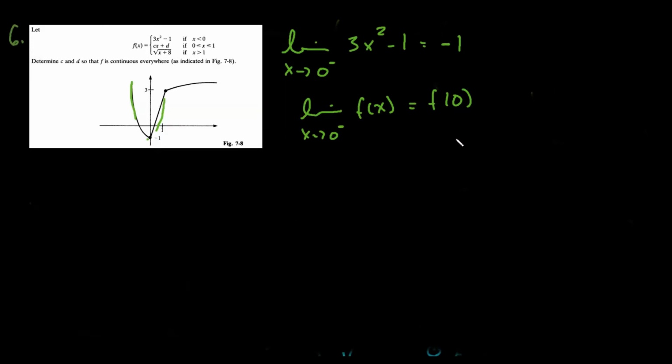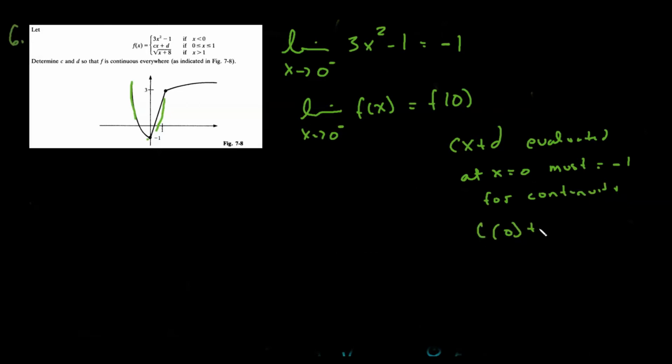So cx plus d evaluated at x equals 0 must equal negative 1 for continuity. So c times 0 plus d must equal negative 1, so d has to equal negative 1. Now all we have to do is move on to the next two segments here. So I'm going red here.